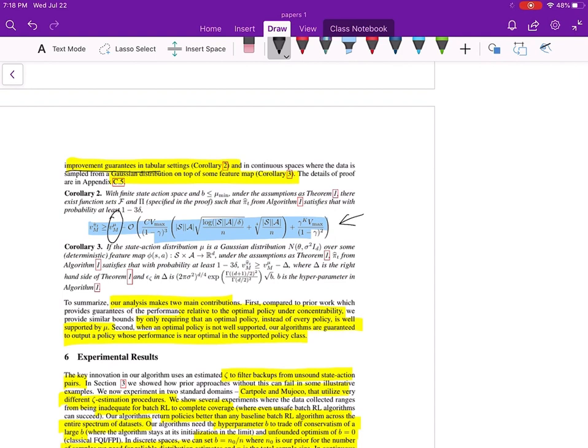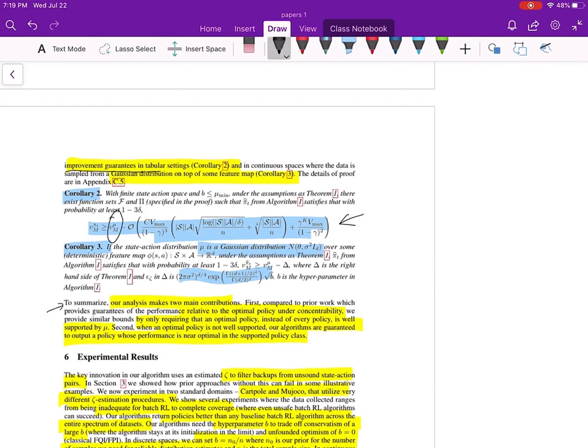So corollary 2 follows from theorem 1 again. They provide two corollaries, one for the discrete action space and one for the continuous space, as you can see here. I won't be going through the details of the constants provided here.